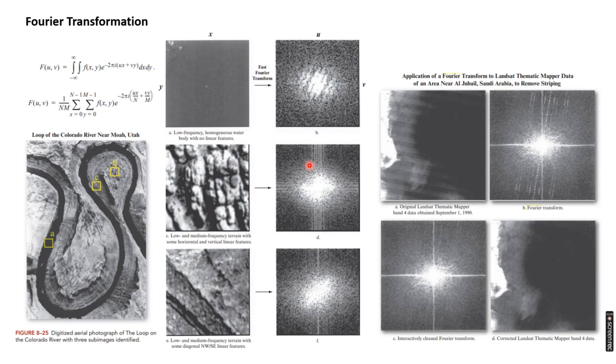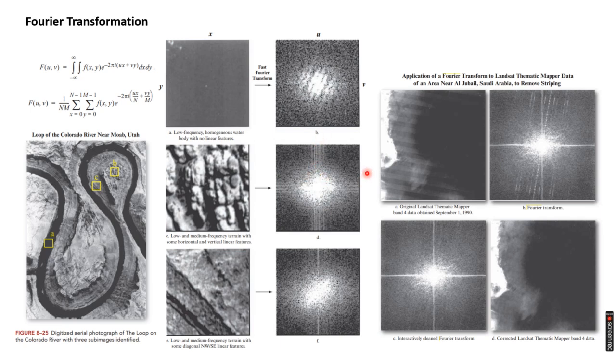If an image has some feature which changes very sharply, then you will see these lines. These lines represent sharp features in horizontal and vertical directions, so they represent high frequency.